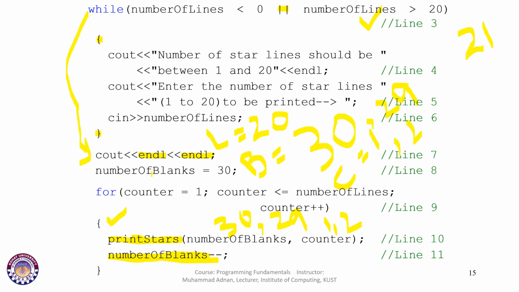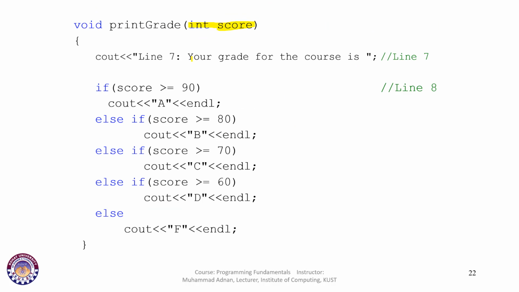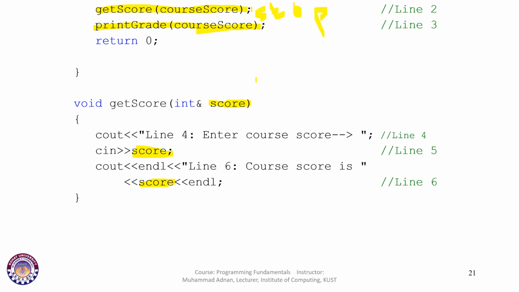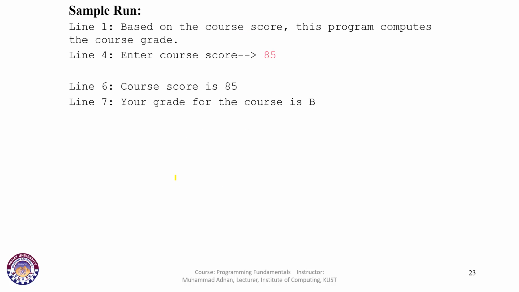In that example we ask the user, and then in the while check, number of lines is less than 0 or number of lines is greater than 20. So this is the check, to tell the user that you have input wrong data. You can write the same type of statement over here. Okay, so we calculate the grade, and this is the sample run of your program.